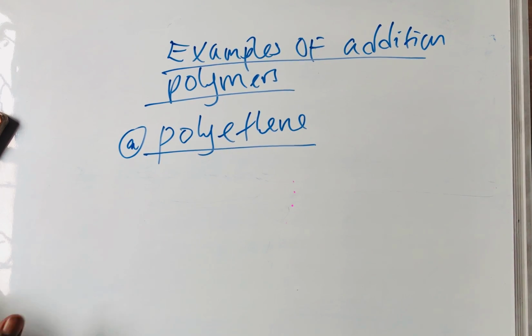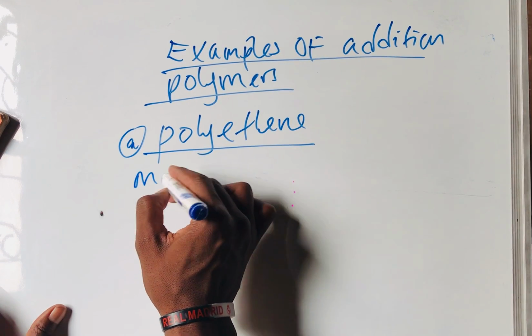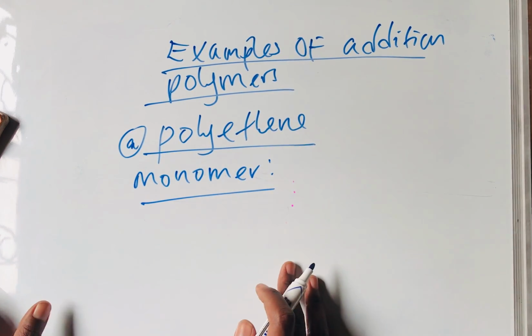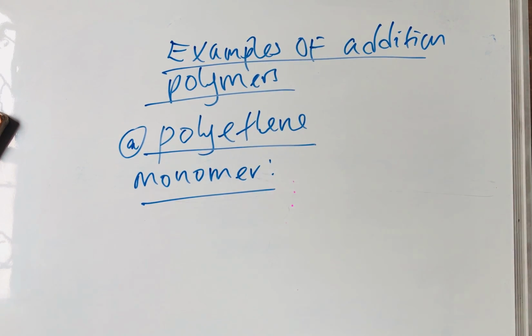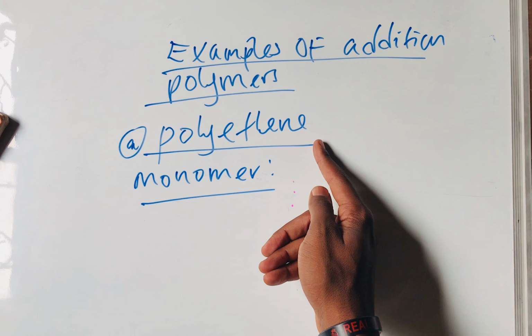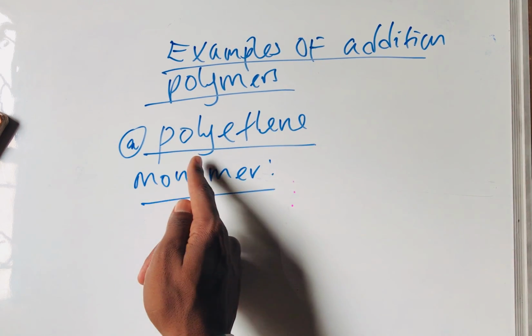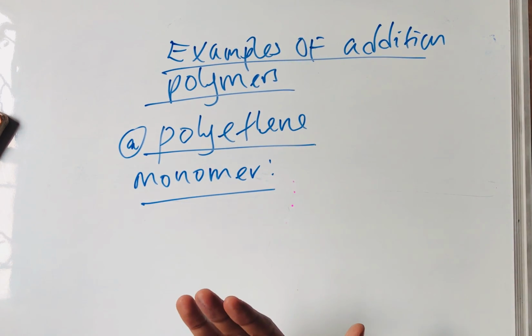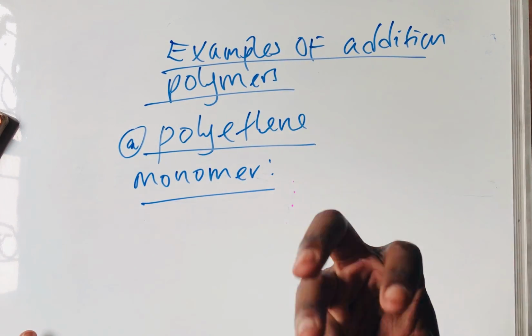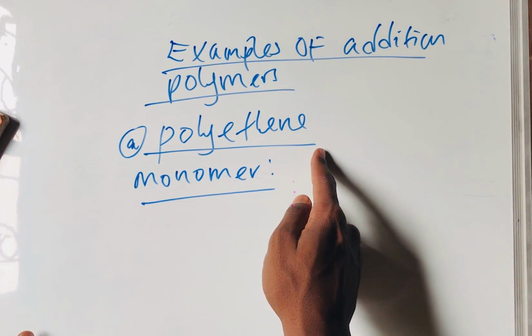What is the monomer for polyethylene? When we are talking about the monomer, we are talking about those small molecules that you are joining together to form polyethylene. Poly means many, so to form polyethylene, you are joining many ethene molecules.